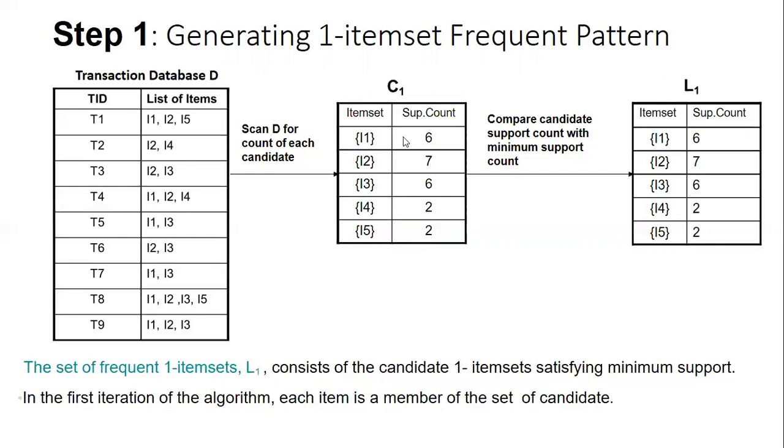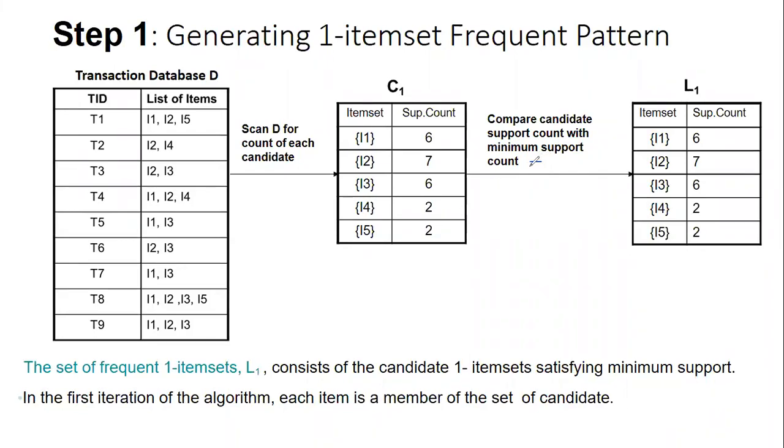These are the candidates from the database. What is the support of each candidate? Item 1 occurs 6 times, item 2 occurs 7 times, item 3 occurs 6 times, item 4 occurs 2 times, item 5 occurs 2 times. So we have found the support counts. Then we compare each candidate support count with the minimum support count, which is 2.